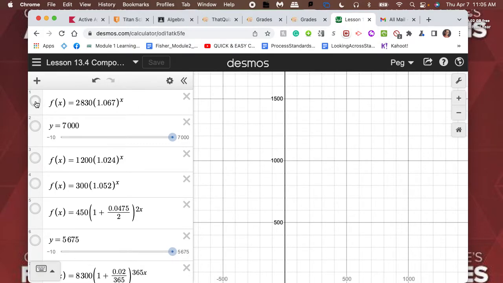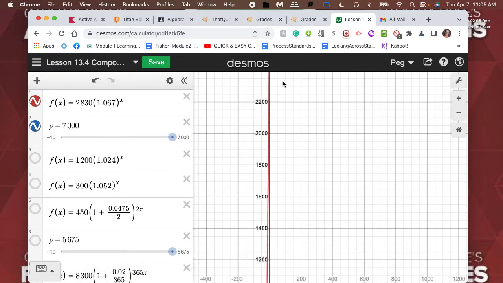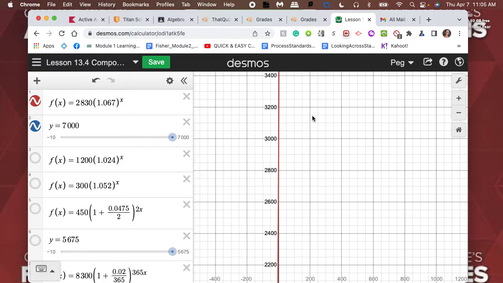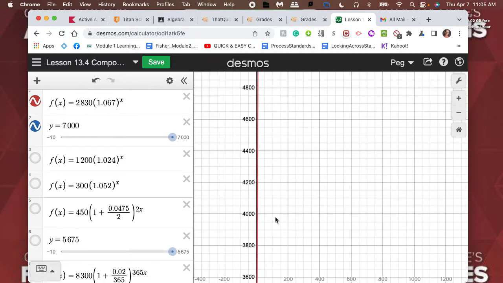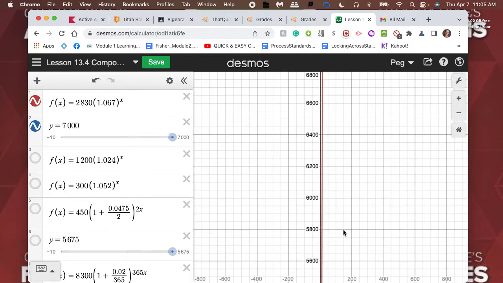Okay, I went ahead and entered my curve, and I entered my line. See, I went ahead and added those two. Then if I touch my curve, I can look up the line up here, where I'm looking for 7,000.